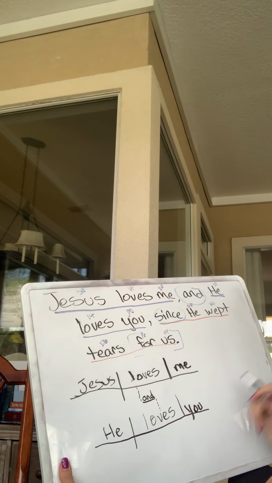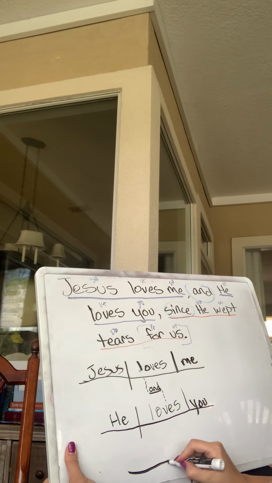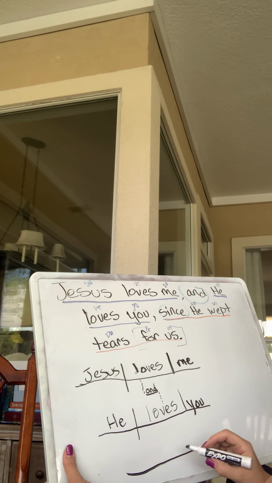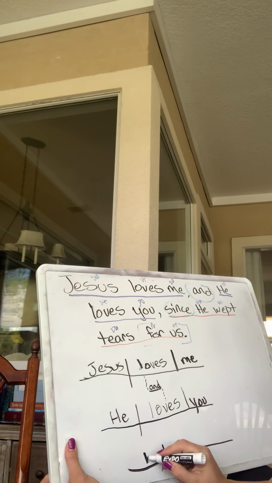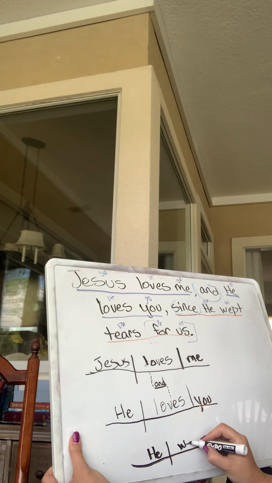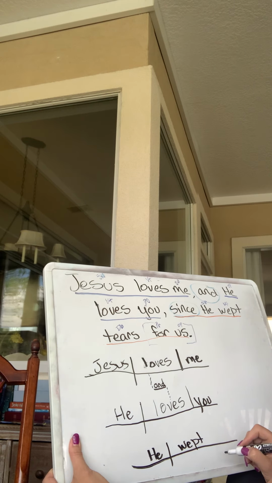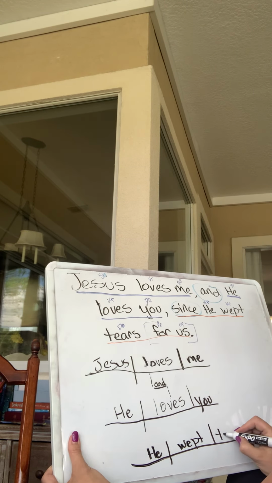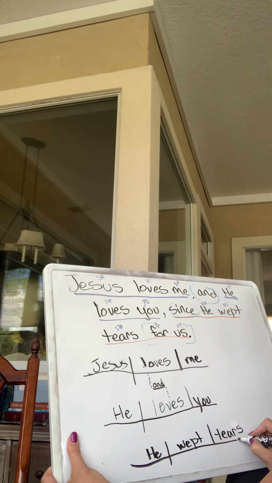So what we're going to do is come down below here and put our cross, okay? We'll go ahead and do he wept, and then the direct object, tears, okay?